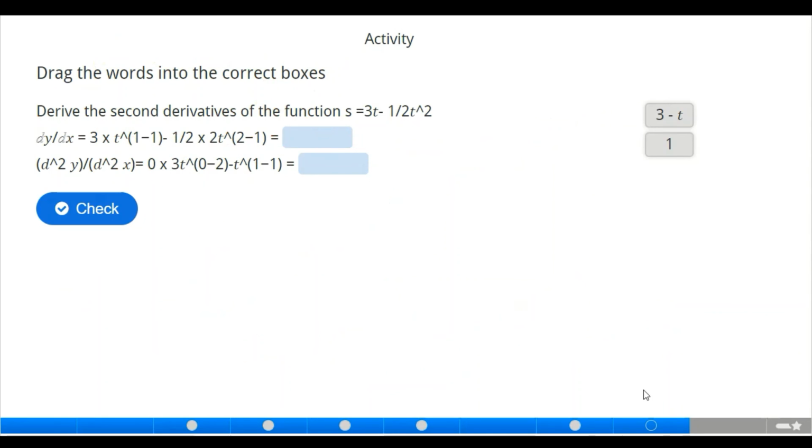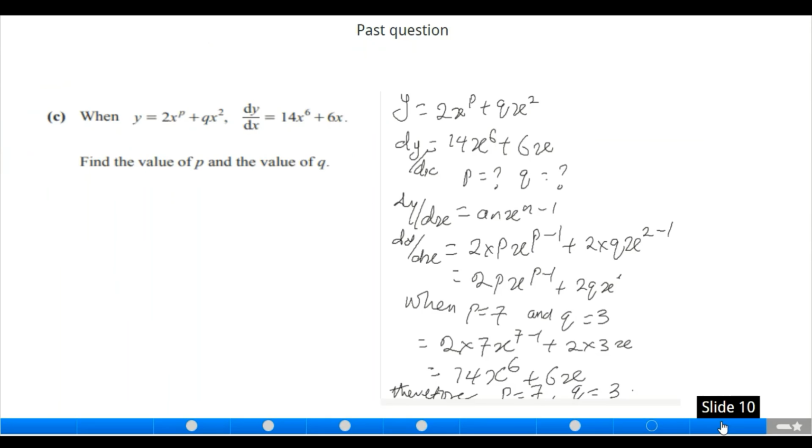So let's look at the past question we have on the next slide. In this past question we have y equals 2x^p plus qx^2. They have already differentiated it the first time, and our answer is 14x^6 plus 6x. So what we need to do here is find the value of p and the value of q.